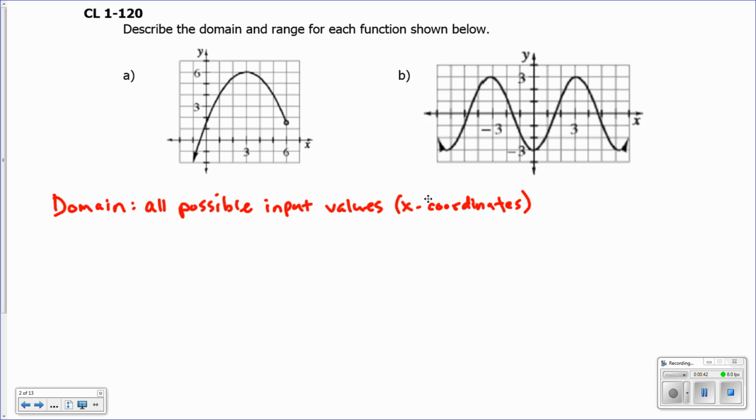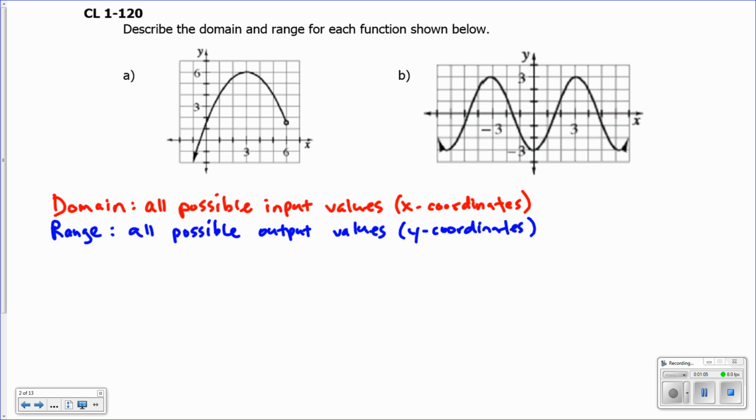And our range values, remember, are all the possible output values. We know those are our y coordinates here. So let's start out with the domain.